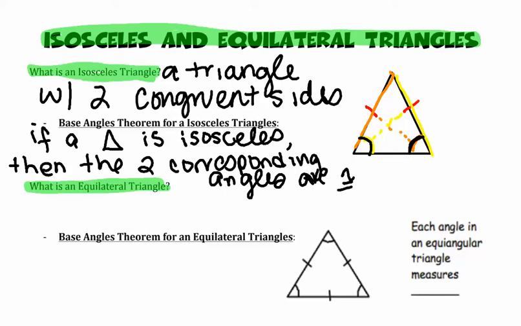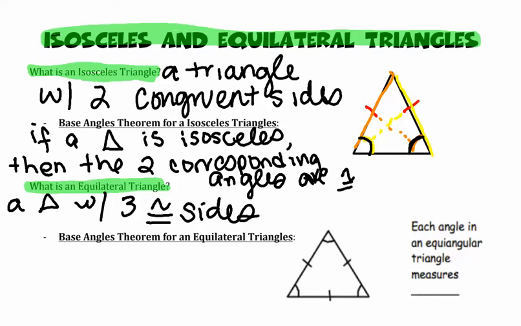So now let's talk about what an equilateral triangle is. An equilateral triangle is a triangle with three congruent sides. Hopefully you're also saying and angles. In order for a triangle to be equilateral, all its sides have to be congruent and all its angles have to be congruent.